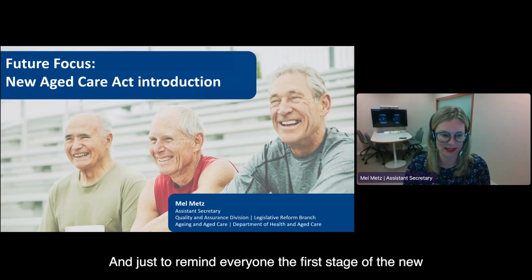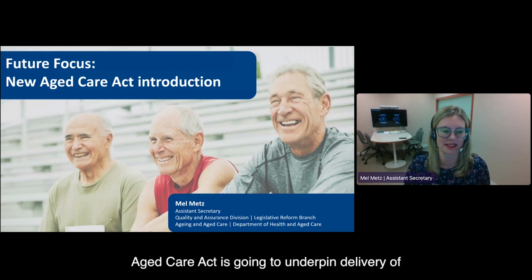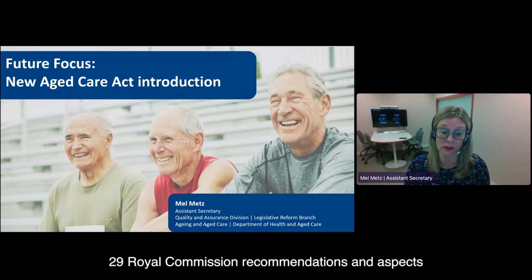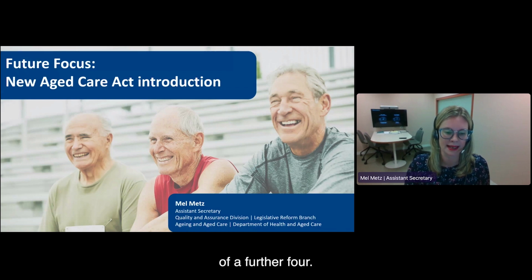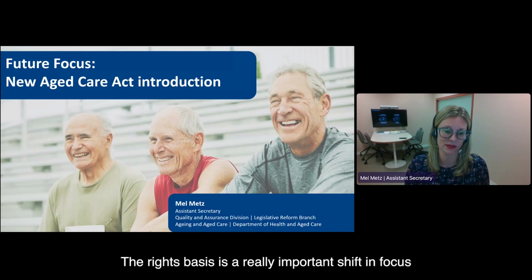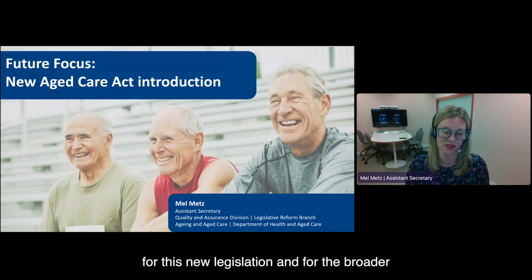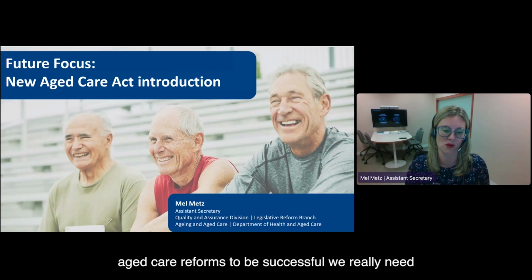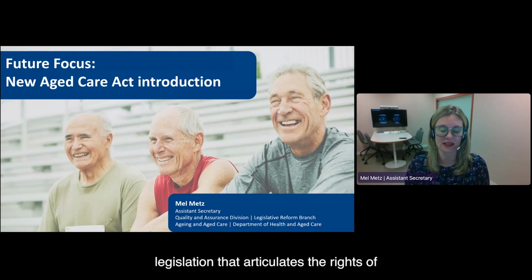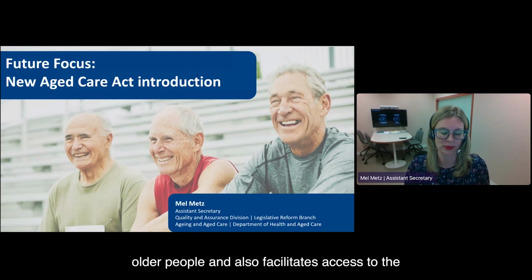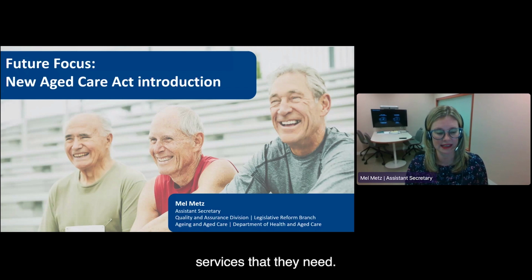Just to remind everyone, the first stage of the new Aged Care Act is going to underpin delivery of 29 Royal Commission recommendations and aspects of a further 4. The rights basis is a really important shift in focus for this new legislation. For the broader aged care reforms to be successful, we really need legislation that articulates the rights of older people and also facilitates access to the services that they need.